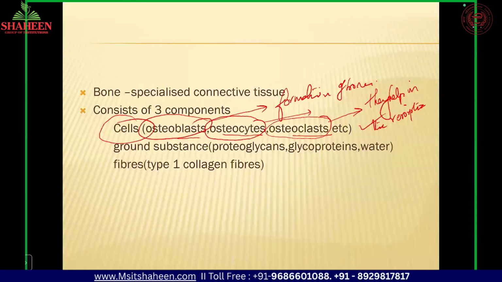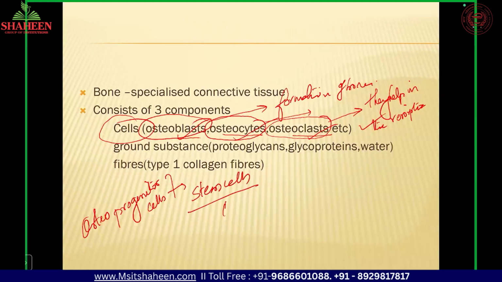So these are the common cells of the bone, that is osteoblasts, osteocytes, and osteoclasts, and other cells are osteoprogenitor cells. These actually work like stem cells because these cells can be differentiated into any of these cells. Okay. Next, the ground substance. The ground substance present in the bones is proteoglycans, glycoproteins, and water.